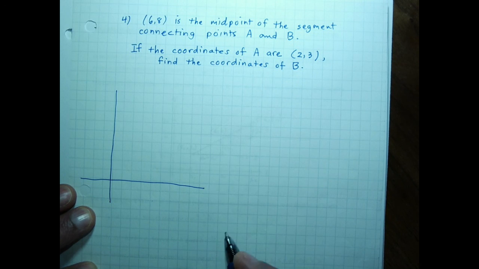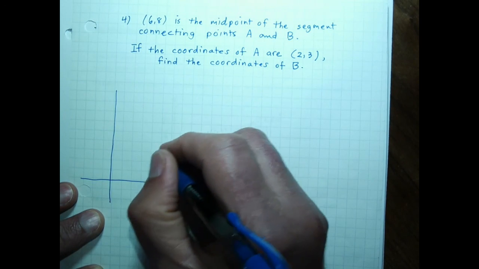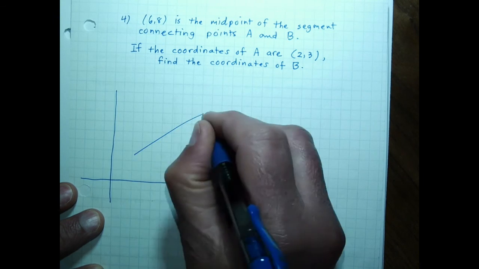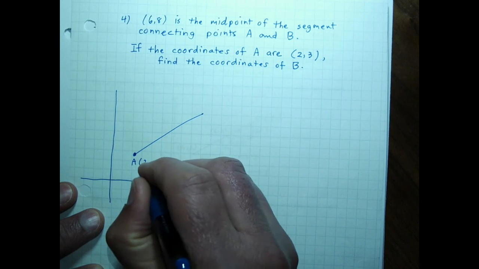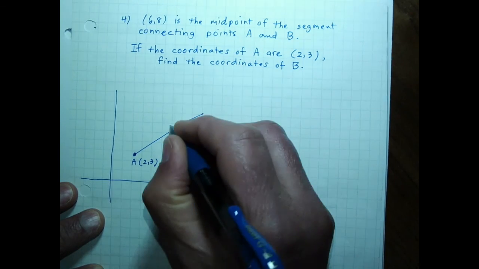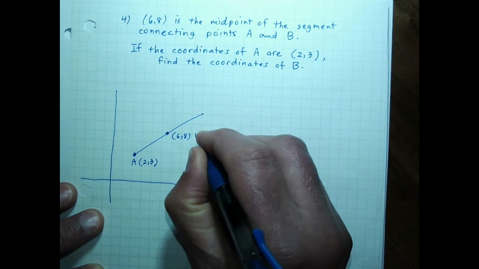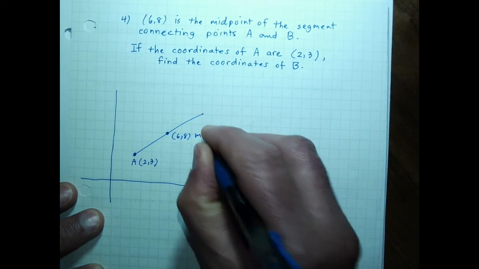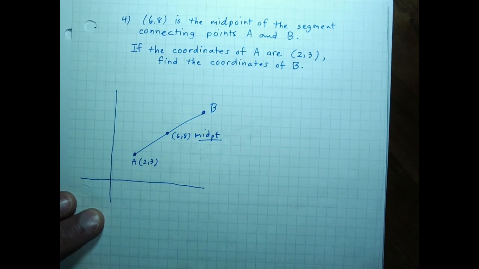It's not quite like just plugging in. I'm not going to draw this accurately, just a real rough sketch. We're saying this point A is (2, 3), and (6, 8) is the midpoint. And we're trying to find the coordinates of a point B.